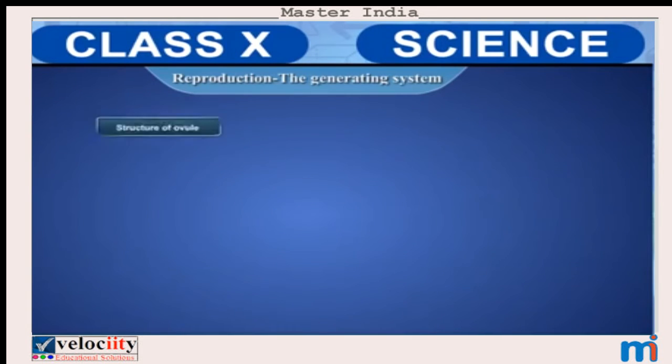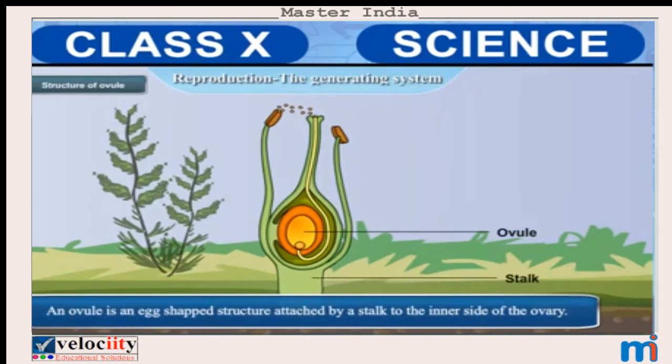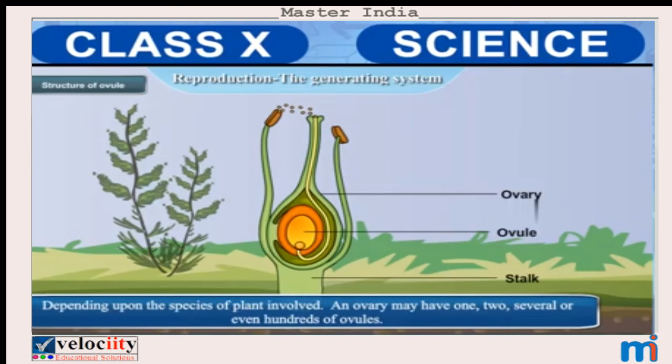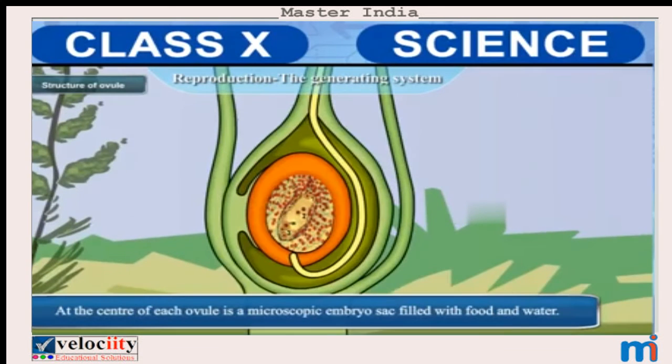Structure of ovule. The given diagram is the structure of an ovule, which is present in the ovary of a plant. An ovule is an egg-shaped structure attached by a stalk to the inner side of the ovary. Depending upon the species of plant involved, an ovary may have 1, 2, several, or even hundreds of ovules. At the center of each ovule is a microscopic embryo sac filled with food and water.